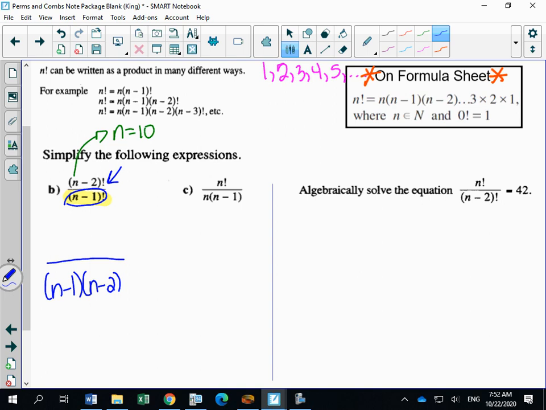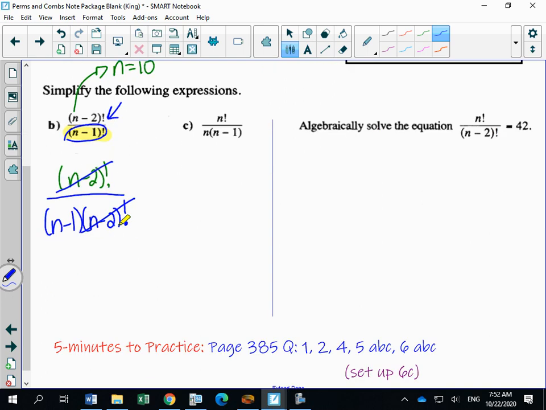So n minus 1, n minus 2 factorial in the denominator, and n minus 2 factorial in the numerator. The n minus 2 factorials cancel, and we are left with 1 over n minus 1. That's a simplified expression.